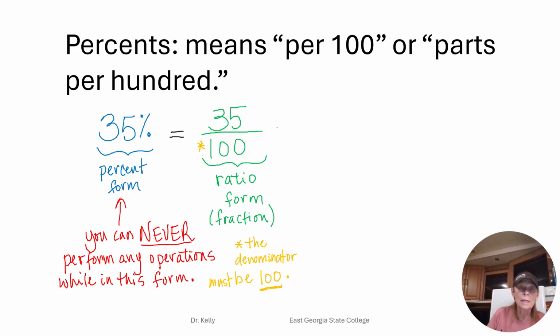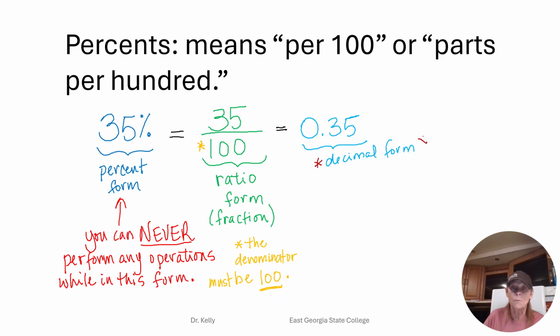Finally, every fraction can be rewritten as a decimal, so this could also be written as 0.35, and that is in the decimal form. Decimal form is the desired form.